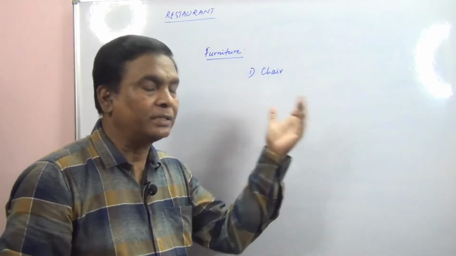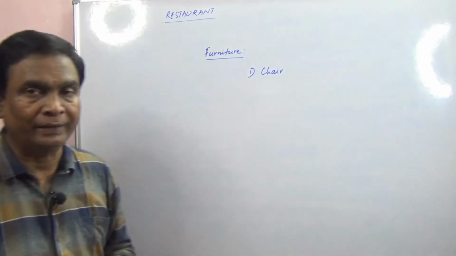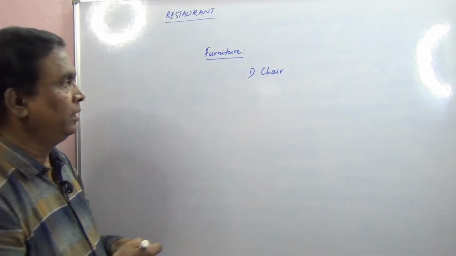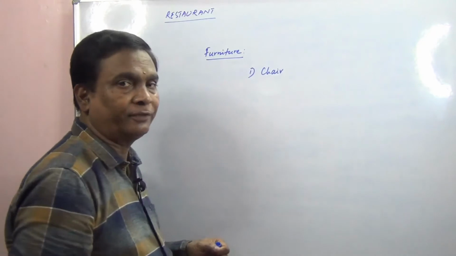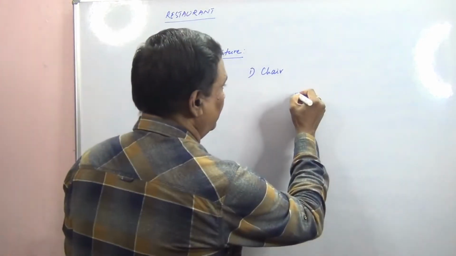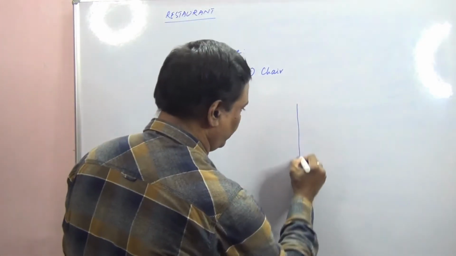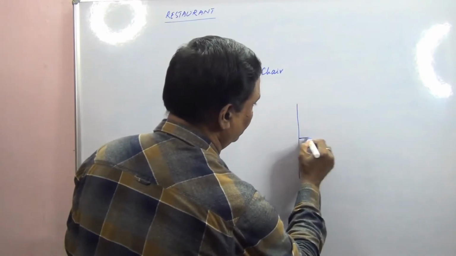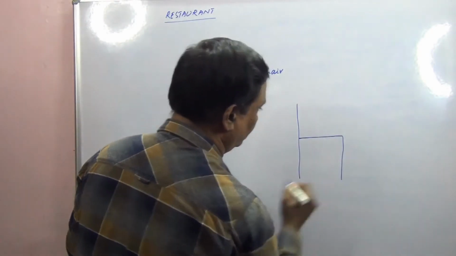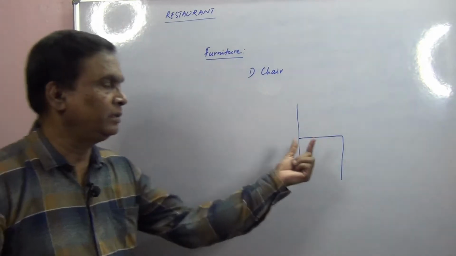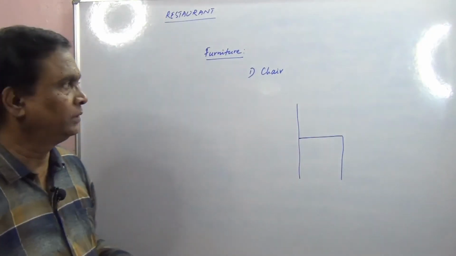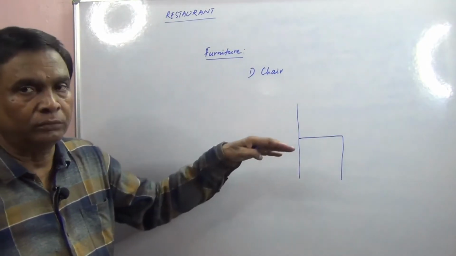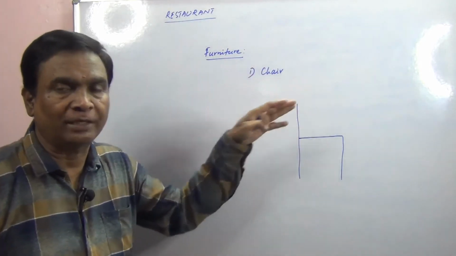So the standard size has to be followed by all the hotels. Now I will draw a diagram of a chair. Assume that this is a chair. Now we would like to know the standard sizes of this particular chair.